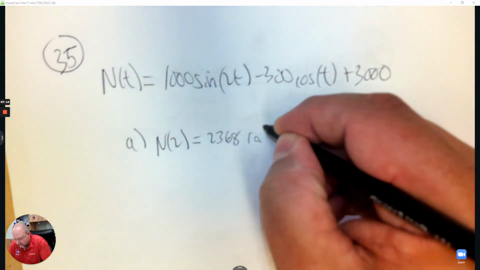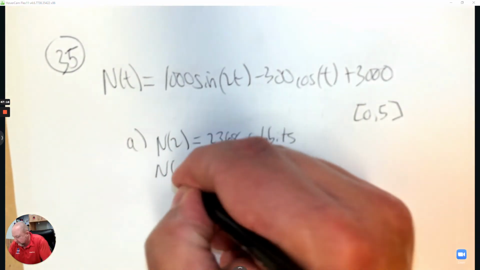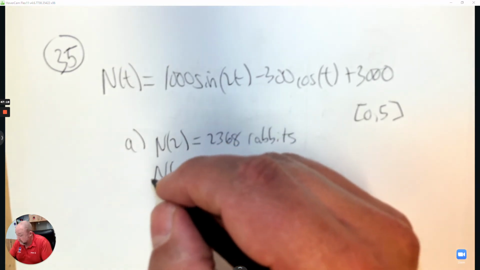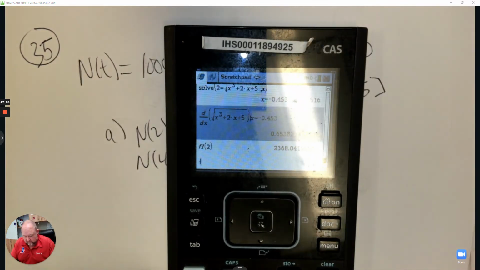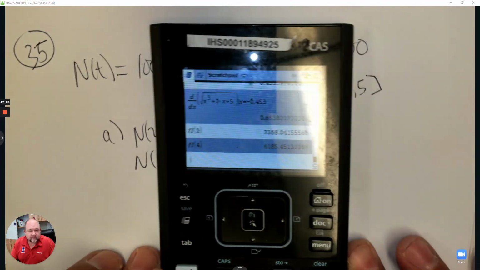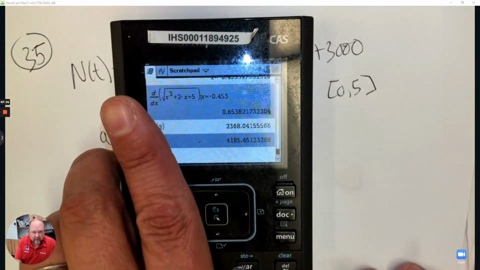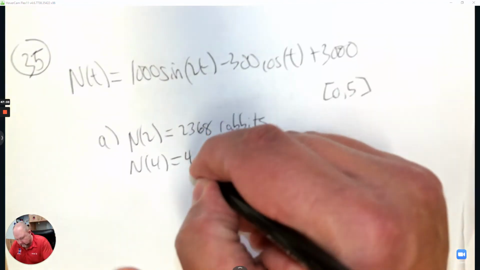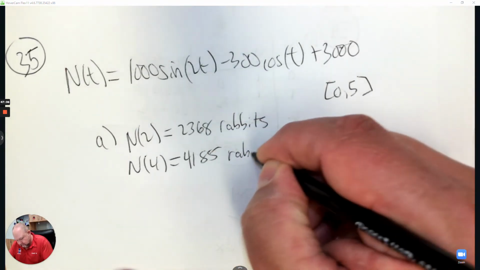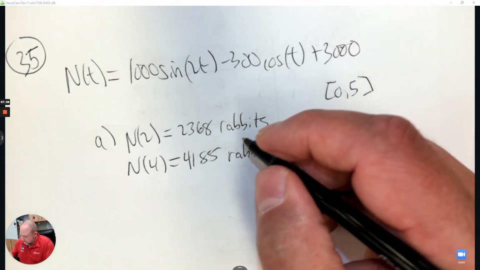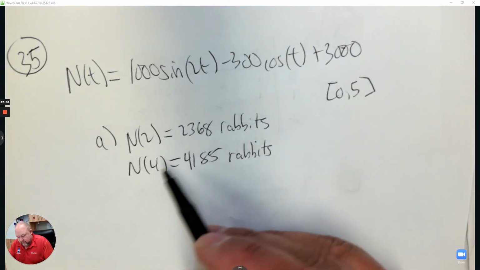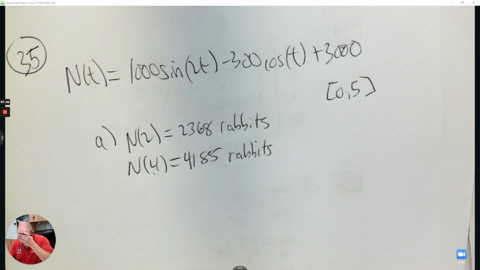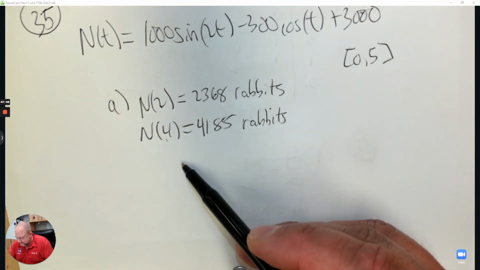And then for 4, because we already did the work to put it in, I can just go F1, 4. And then 4 is 4,185 rabbits. So in year 2 or year 4, you can see how many rabbits there are, and it's increasing.